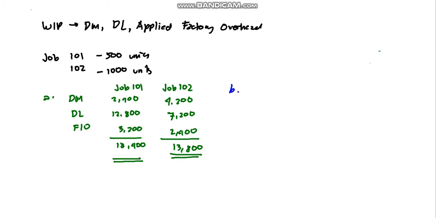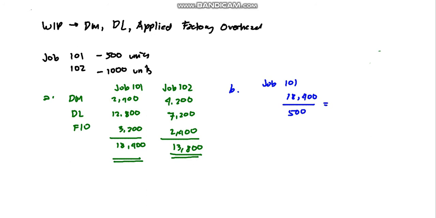As to the cost per unit for jobs 101 and 102, for job 101 we simply divide 18,400 by 500 units.